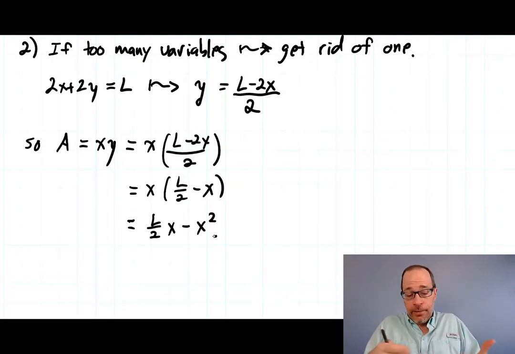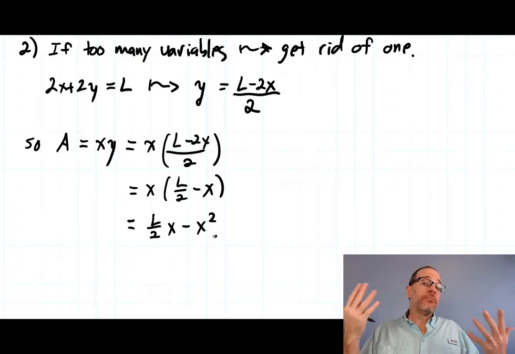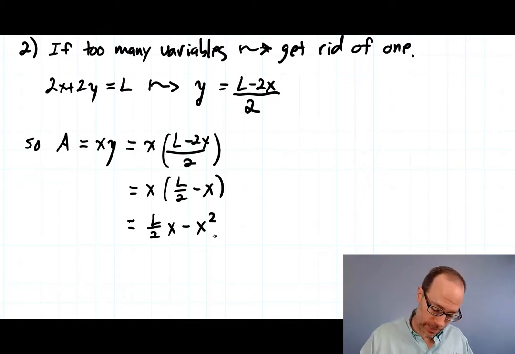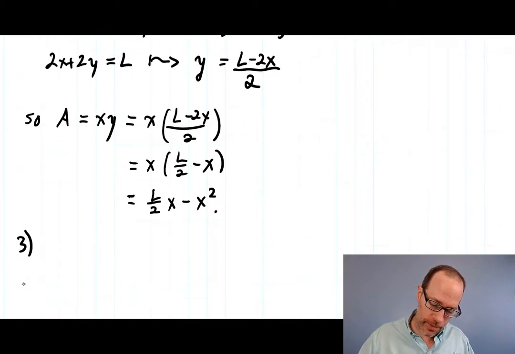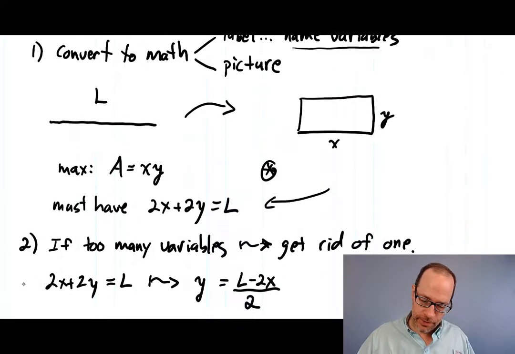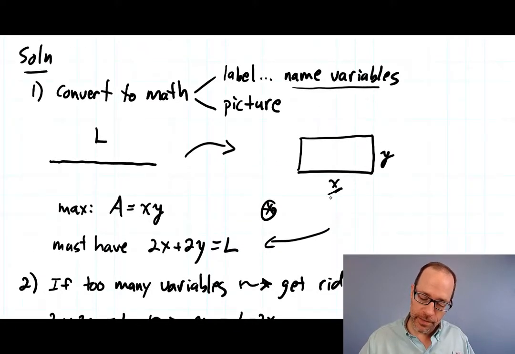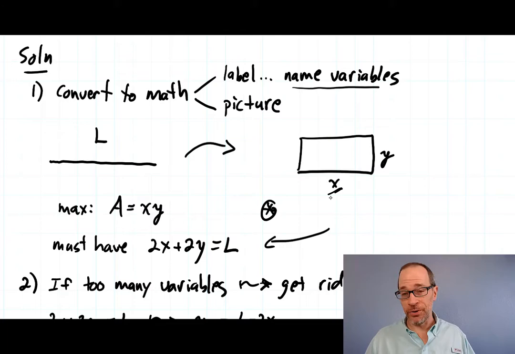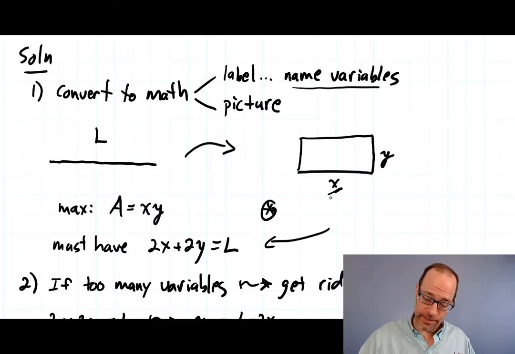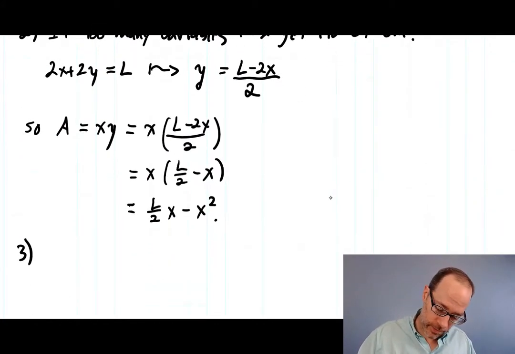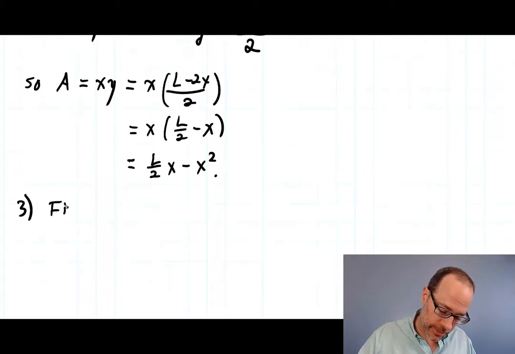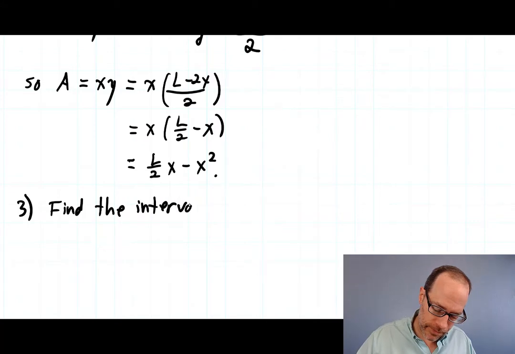So we're now just going to maximize this function, but we have to figure out on what interval to maximize it. So looking back at the problem here, way back at the beginning, the smallest x could be was 0. Doesn't make any physical sense otherwise. So here we're going to find the interval. Well, we know, of course, as I just said, that the smallest x can be is 0.